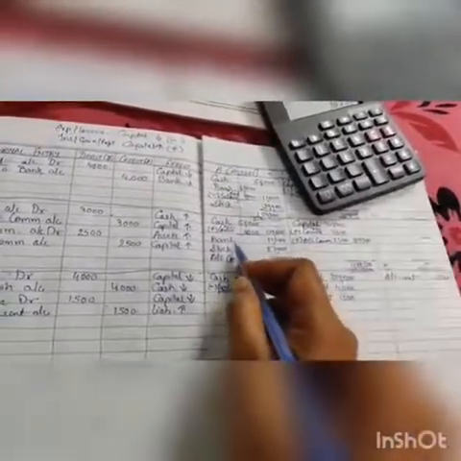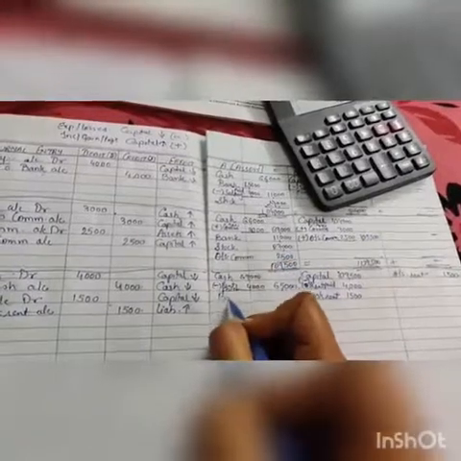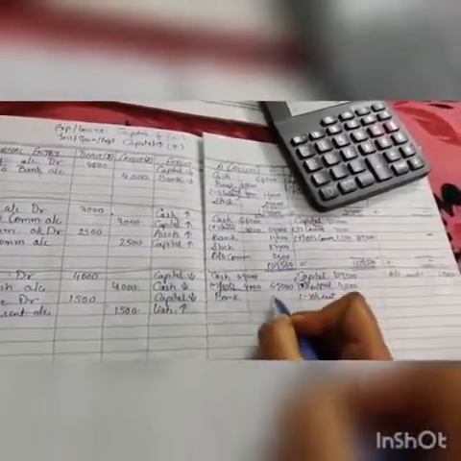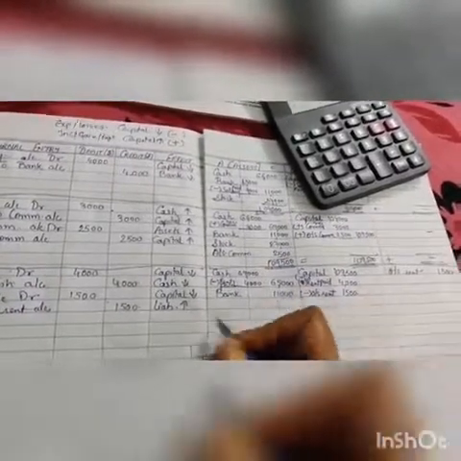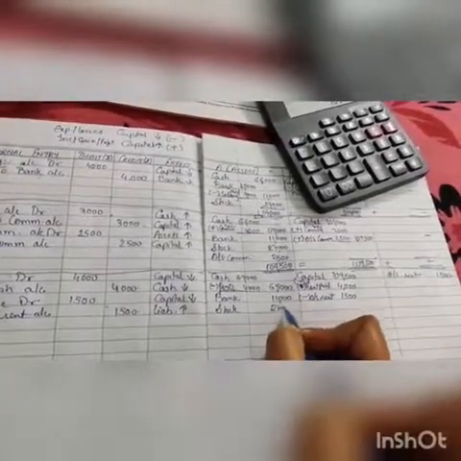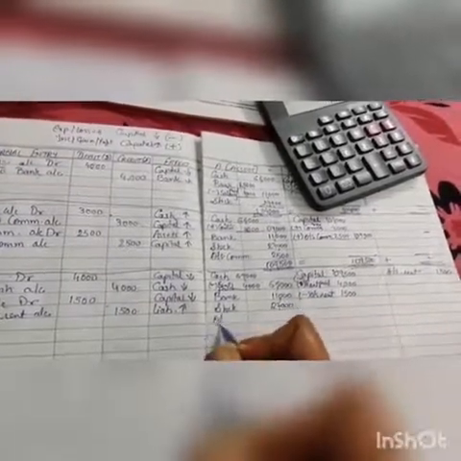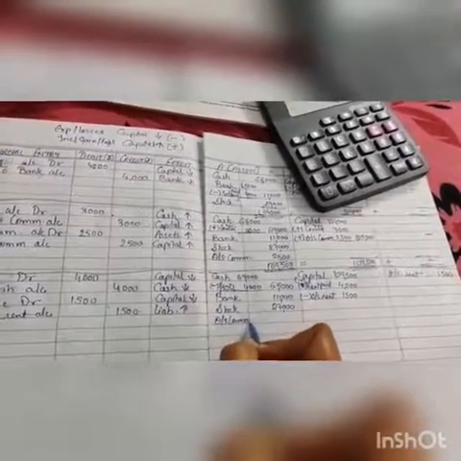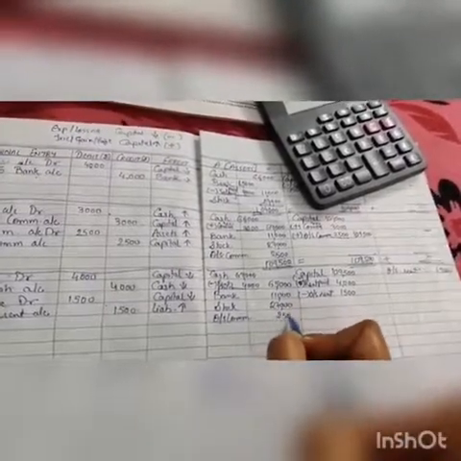Here, for the remaining items, bank, as it is, write down bank 11,000, then stock 27,000, outstanding commission, as it is, write down 2,500. Clear? So this is how you have to record things.